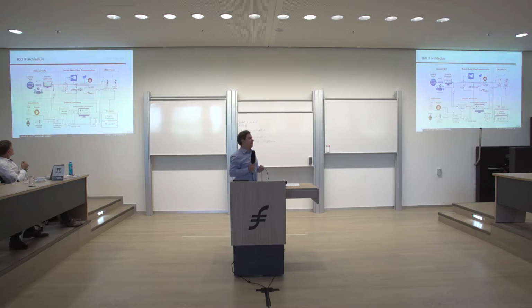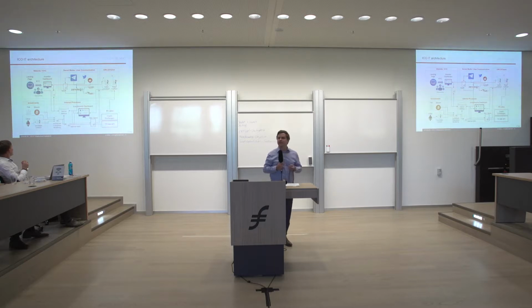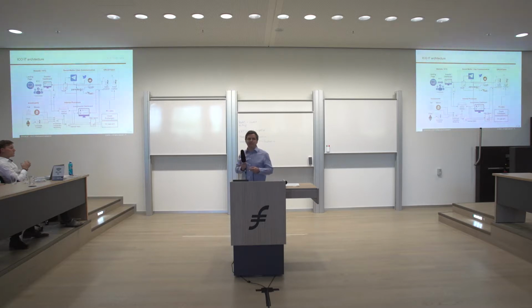After or during the ICO, you will do the minting of the tokens, so creating the tokens in the smart contract. And if you perform a multi-asset ICO, it means that you will need FX rates, exchange rates, to determine the correct number of tokens each investor is eligible to.